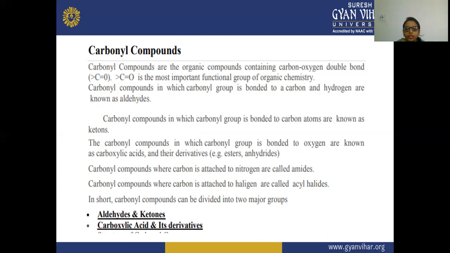So the carbonyl compounds are the organic compounds that contain a carbon-oxygen double bond. This carbon double bond O, that is your carbonyl group, is the most important functional group of your organic chemistry.